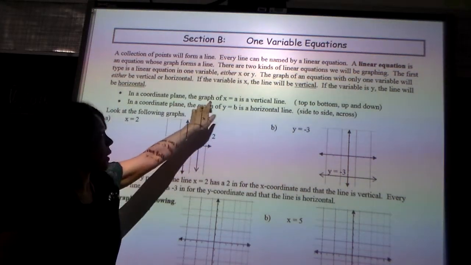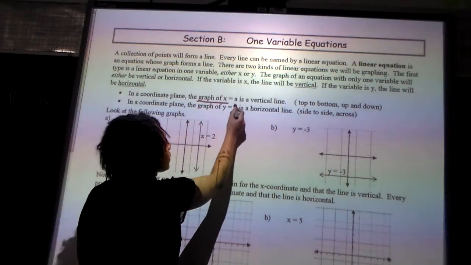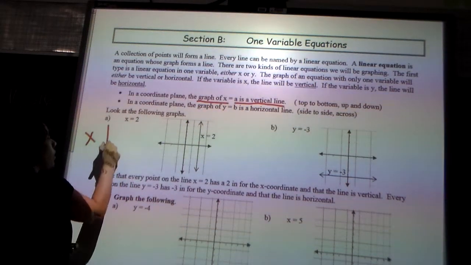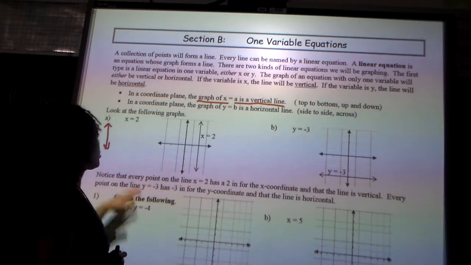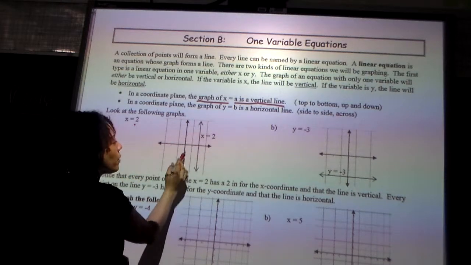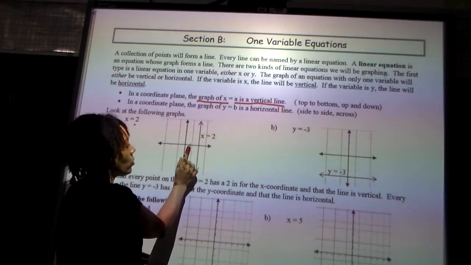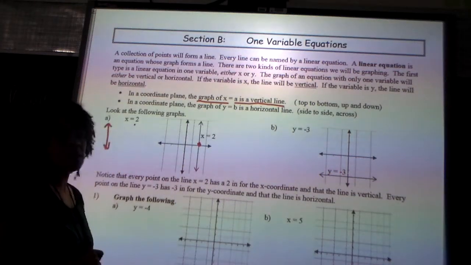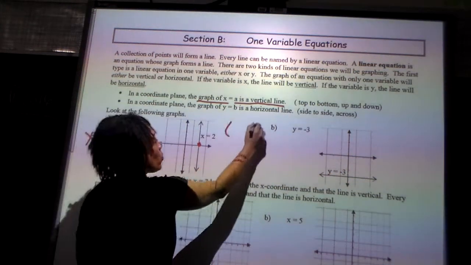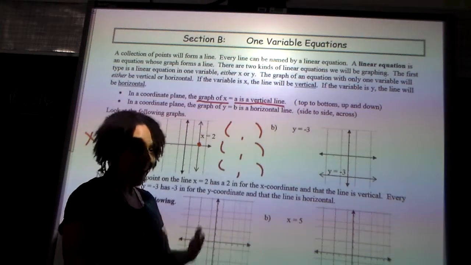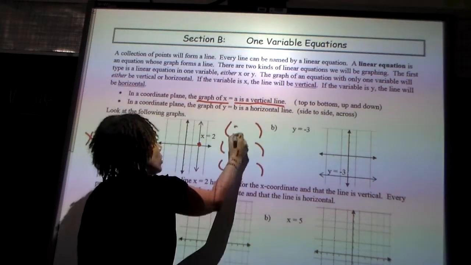In a coordinate plane, the graph of x is a vertical line, up and down. So if x is the number 2, that means if I start at my origin and go over 1, 2, so here's 2 on my x-axis, no matter what set of points I have, x has to be 2.